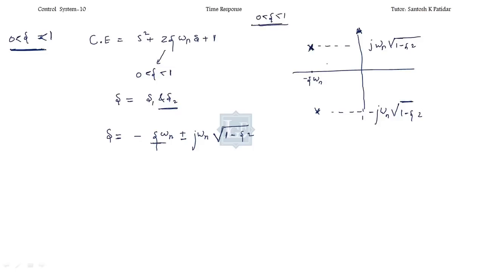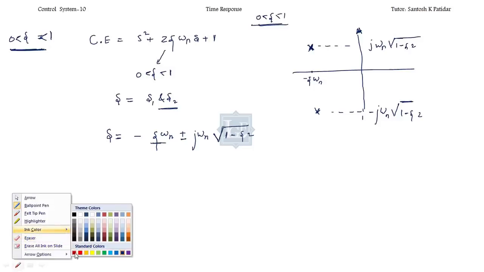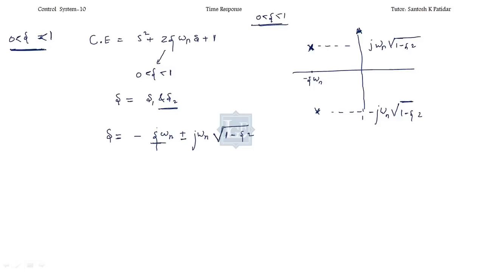Correct. Now let's come over here. Let me change the pen first. Friends, earlier we discussed the time constant. Time constant is given by minus 1 upon this real part. So it's given by the reciprocal of minus zeta omega n, the real part of the system poles.